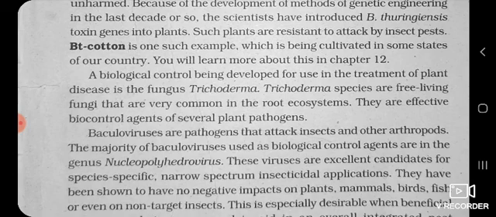So such plants are resistant to attack by insect pests, and if we insert the gene from the Bacillus thuringiensis into the plant, then any pest that attacks that plant secretes a secretion, and that secretion immediately kills that particular pest.